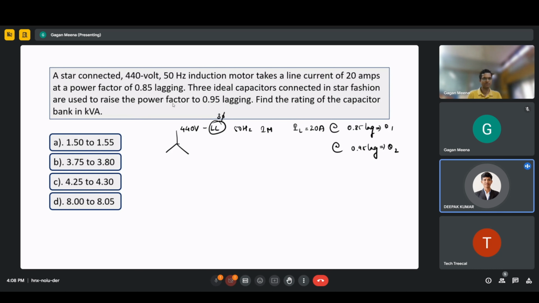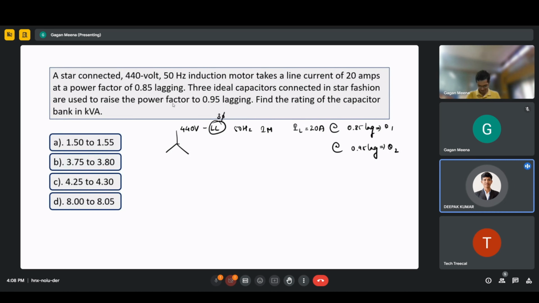Sir, I will do first. I will find the active and reactive component of line current at 0.85 power factor. Okay. Then since the load is the same, the reactive component of current will be the same in both cases. Reactive or active?